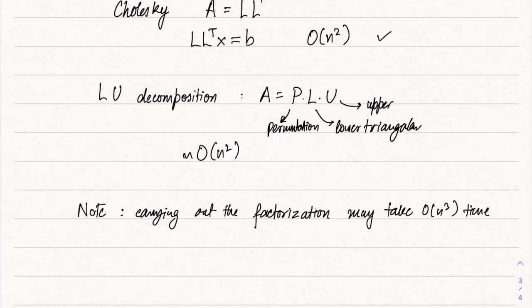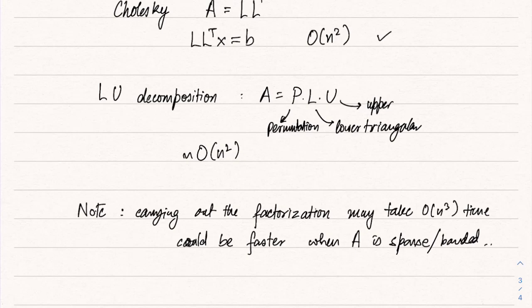That is sometimes the case, that you have to solve many systems of equations with the same factorization. Or this step could be faster when A is sparse or banded. If A has some special structure, there are many algorithms to properly factorize these matrices.